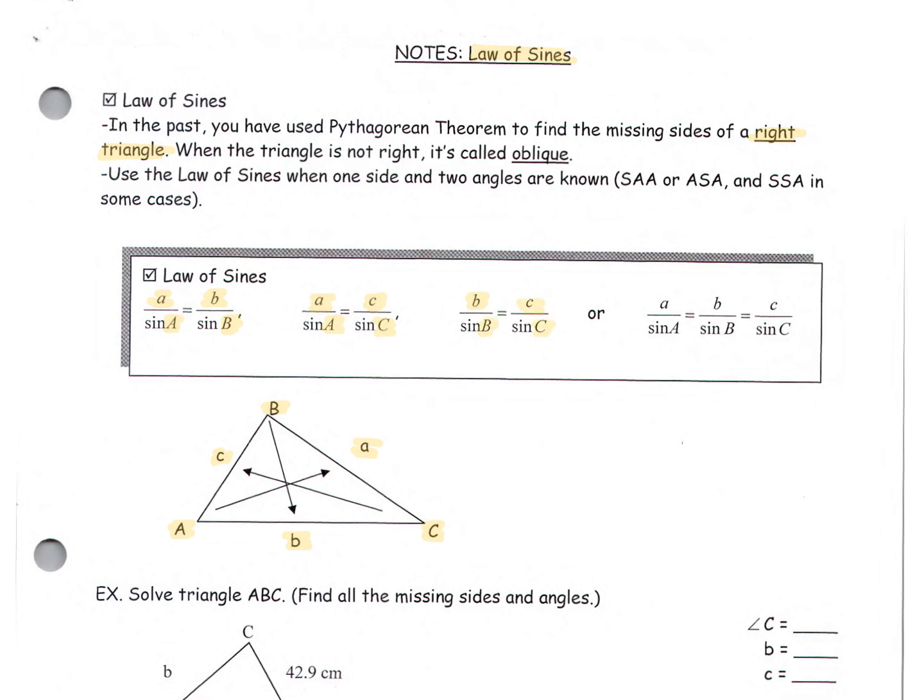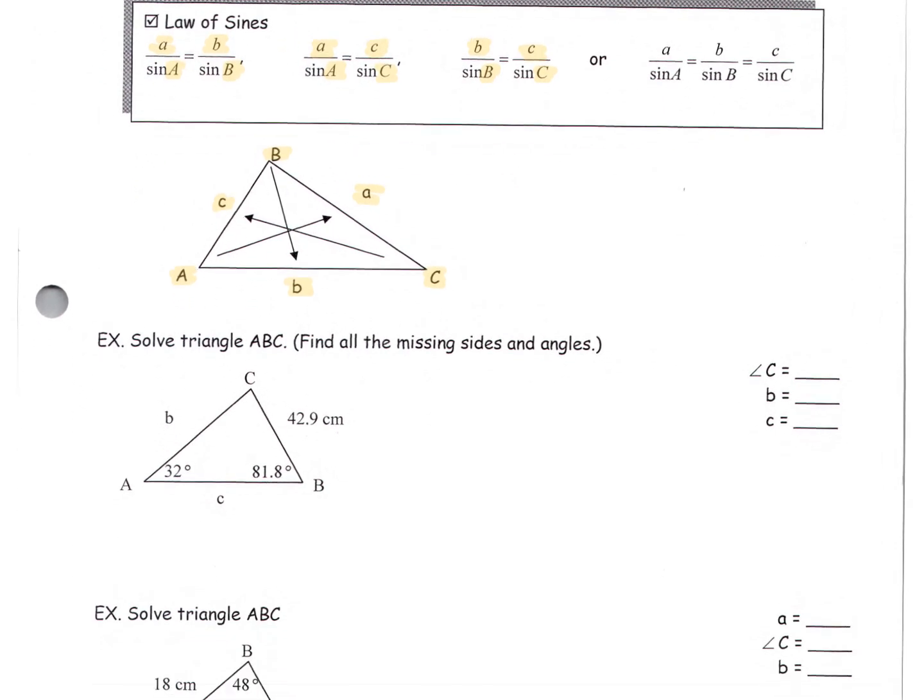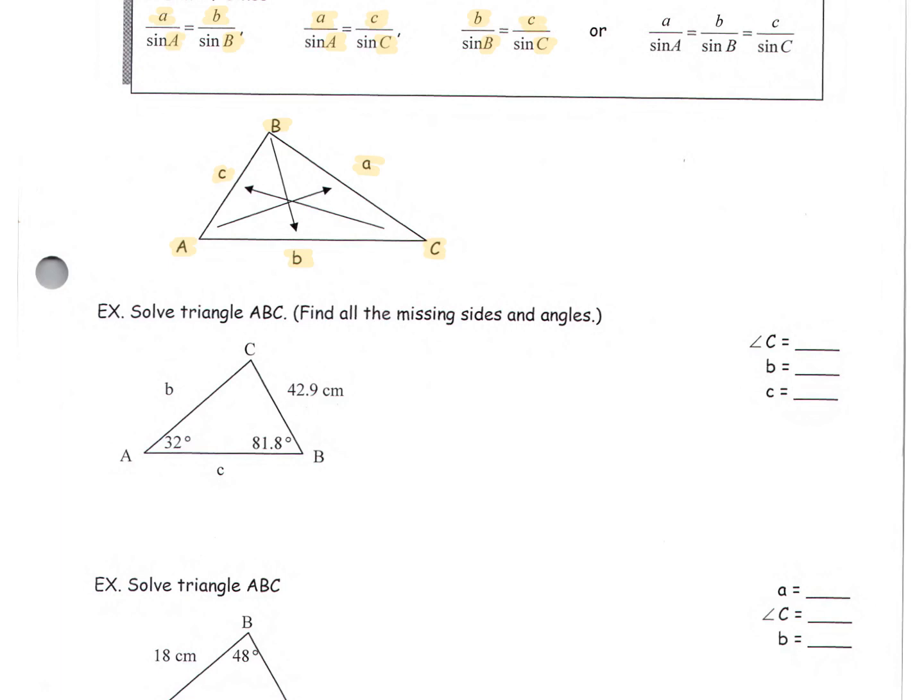So let's jump in and take a look at one of these problems with numbers. Let's take a look at number 1 here. Whenever I start a problem like this, I always look for the angle that we also know the side opposite. That's a really good one to use since I know both the angle and the side opposite.